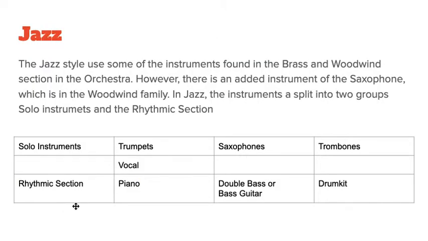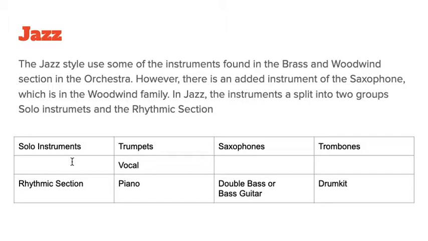Then there are instruments that go between different genres. We have jazz instruments, and there are 2 categories of jazz instruments. You have your solo instruments, and then you have your rhythm section. Your solo instruments can be, but are not limited to, trumpets, saxophones, trombones, and vocals.